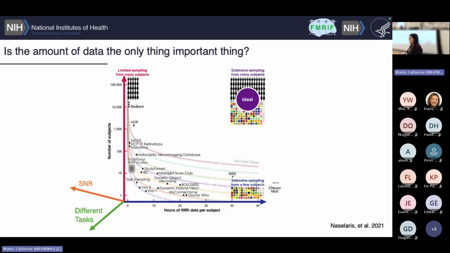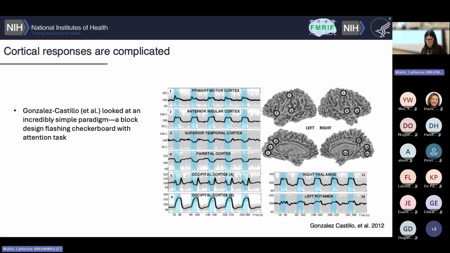ourselves to model-based analyses. So I think everybody knew this one was coming at some point, but a person in our lab, Javier, who you've heard lectures from already, once did a study where they basically just had people do an incredibly simple paradigm. They just looked at a flashing checkerboard and they had an attention task kind of at the same time, and they just repeated it, let's say, forever.